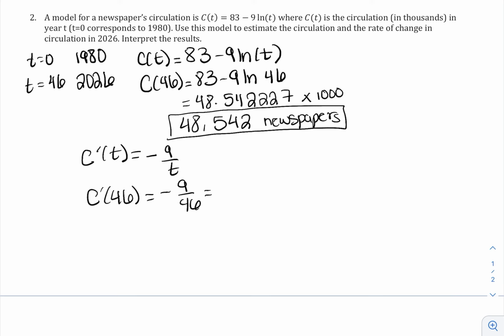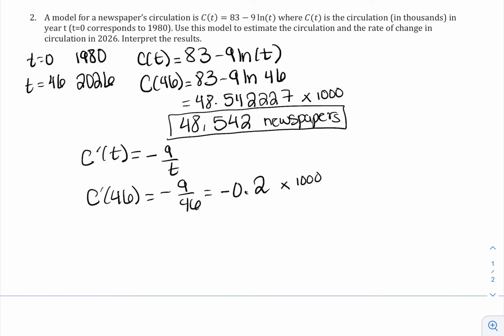And as you can see, this isn't so good for the newspaper because it's negative 0.19. Let's say, actually, let's round it, negative 0.195. So your rate of change, oh, I'm sorry, times 1,000. So let me not round it yet. You can check your calculator.